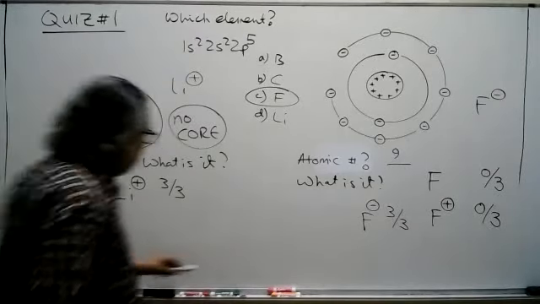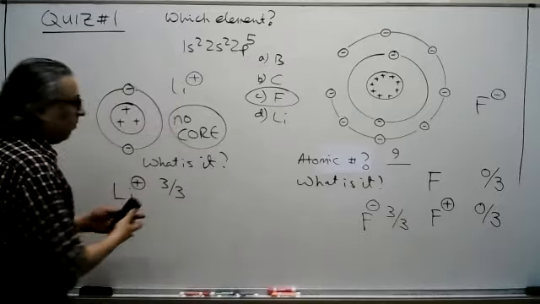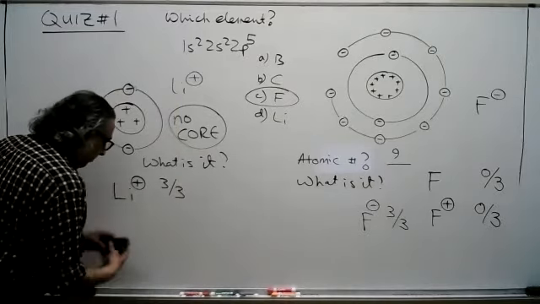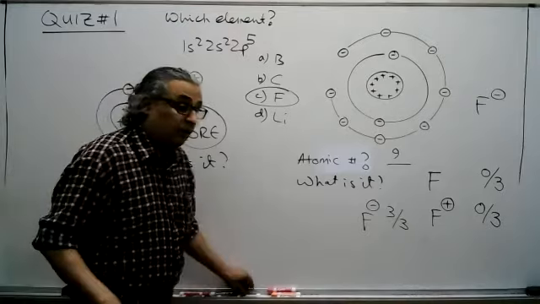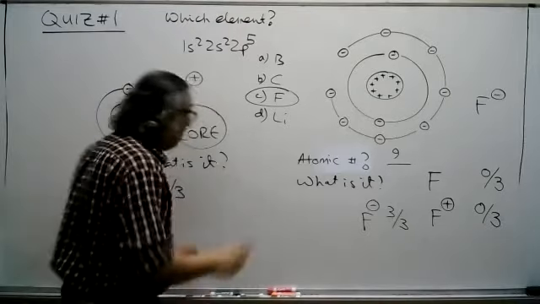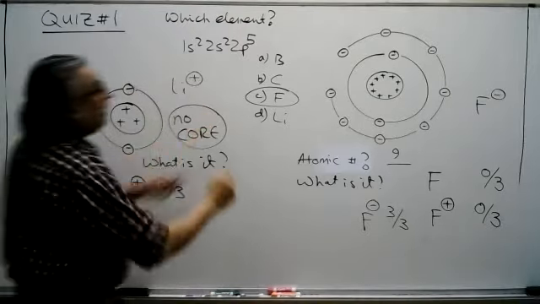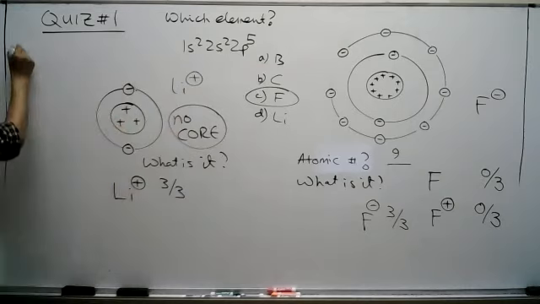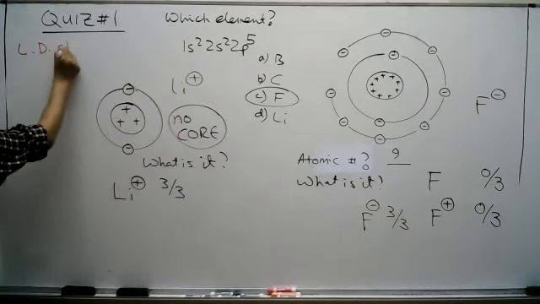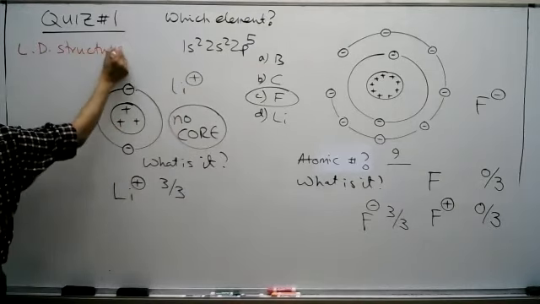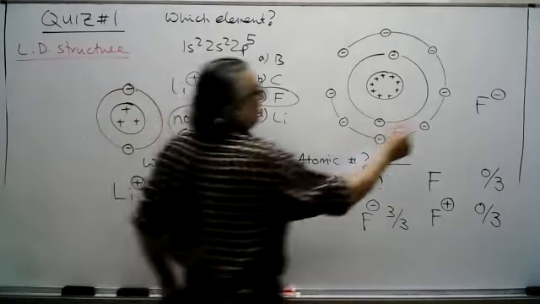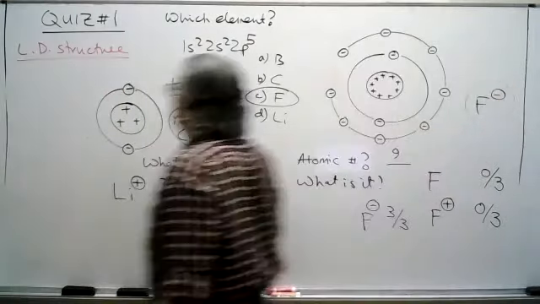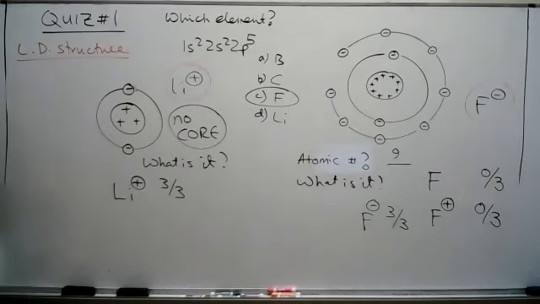All right, let's talk about something different. Let's take a break. I'm tired of electronic configuration and Lewis dot structure and everything else. Well, Lewis dot structure, let's do one more. If we're doing Lewis dot structure of these ions, this guy and this guy, how do we do it?